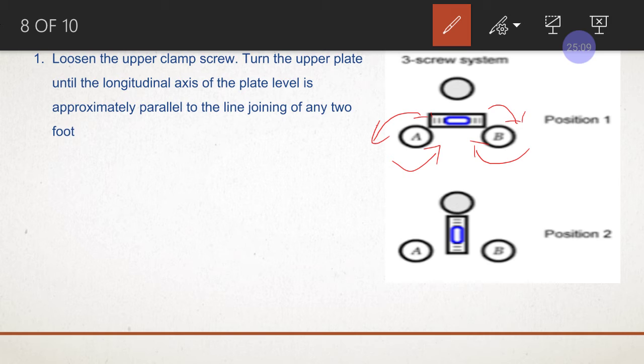Both should be turned in the same direction, such that this bubble comes to the center of the tube. You have to turn the foot screws till your bubble comes to the center of this tube. I can see it in this image, right?